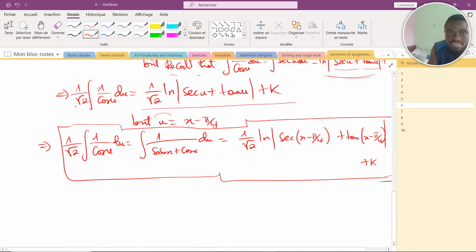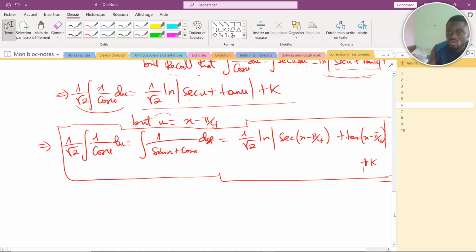So this integral, the integral of 1 all over sine x plus cos x dx, will be equal to 1 on root 2 ln of the absolute value of sec of x minus pi on 4 plus tan of x minus pi on 4, plus our constant of integration.